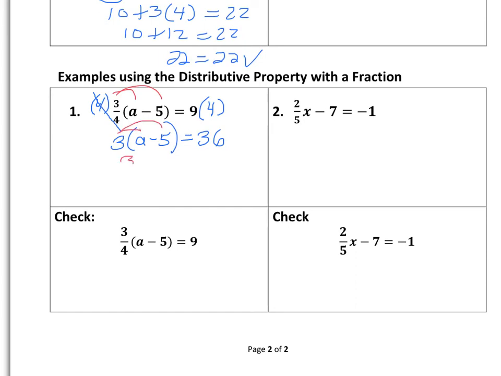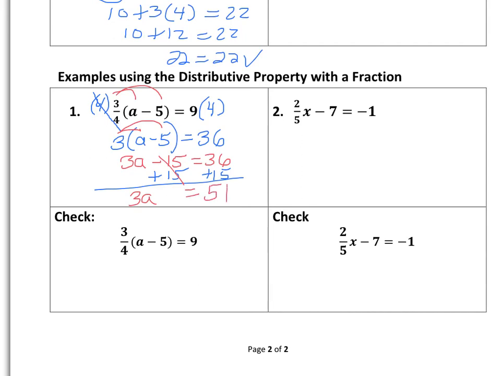3 times A is 3A minus 3 times 5 is 15 equals 36. We're going to add that 15 to both sides. And we got 3A. Opposites reduced to 0. And what do we have here? We've got 51.